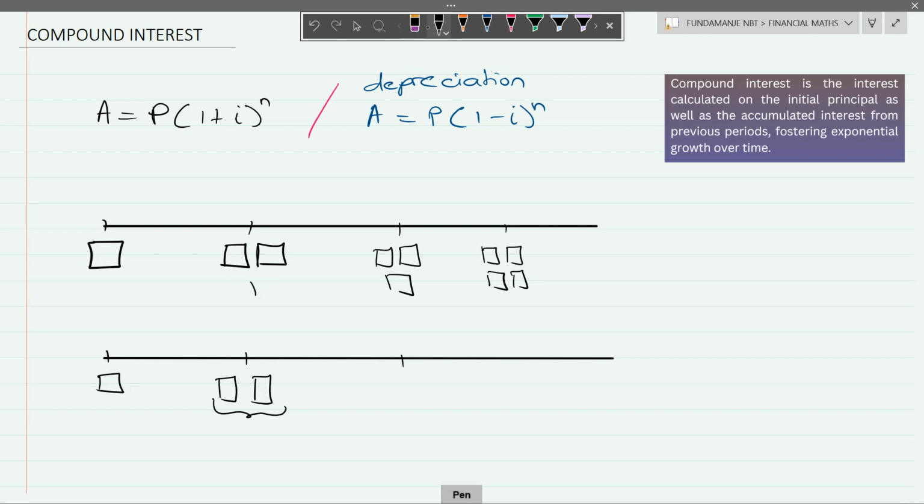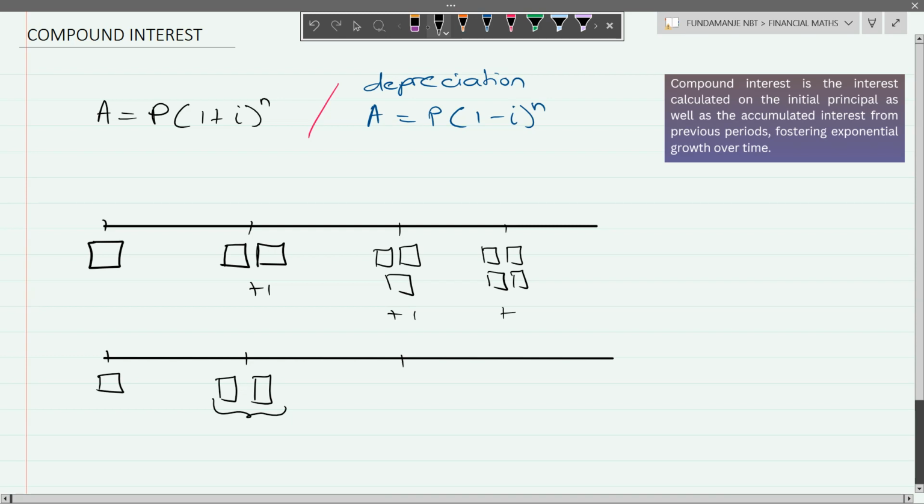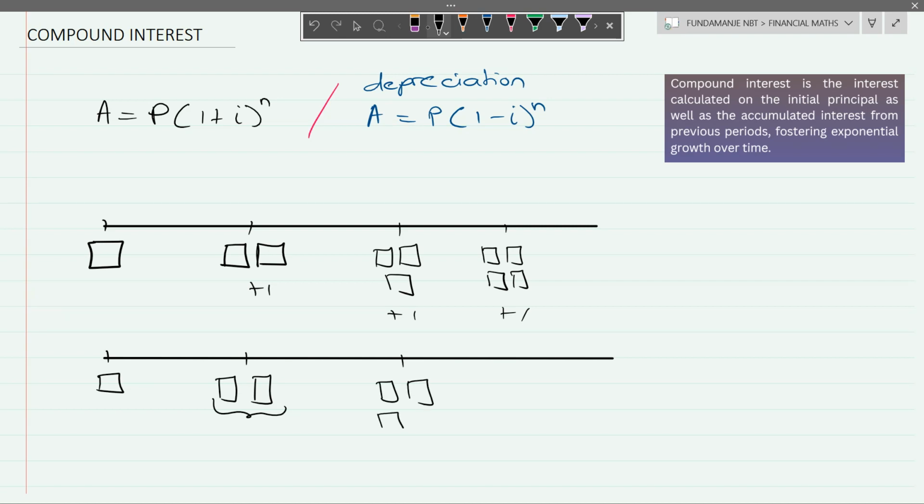We just added plus 1 box each time. In this case, we consider this our starting point. Now we say plus 2 blocks, so now we have 4 blocks. And then in the next part, we'll have 8 blocks. So this is compound growth as compared to linear growth.